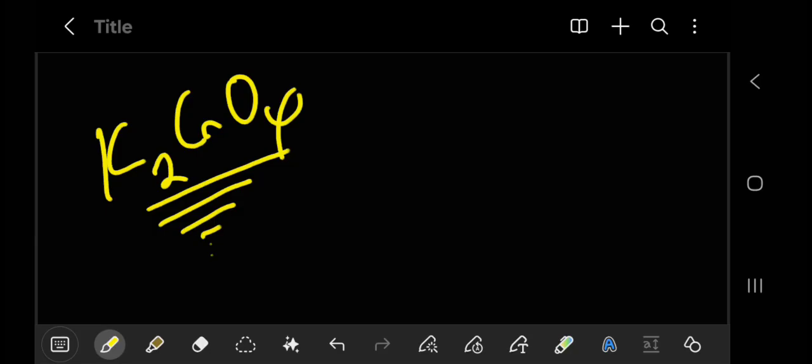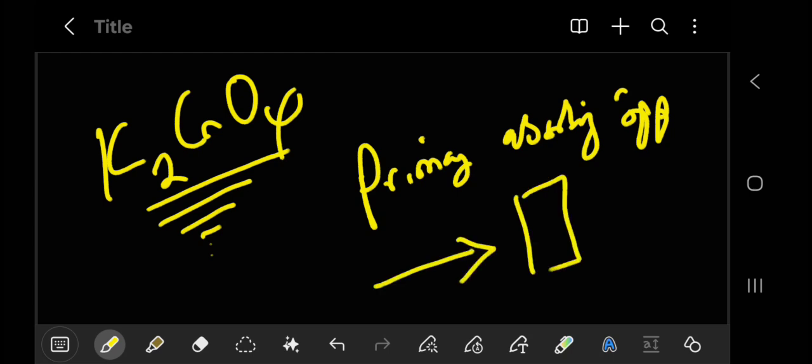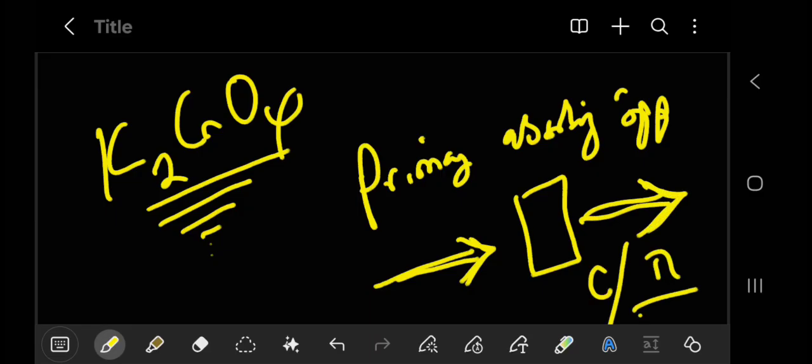For example, potassium tetraoxochromate(VI) is going to serve as what we know as the primary absorbing species. It will help us study how the absorption of light varies with the concentration and the wavelength.